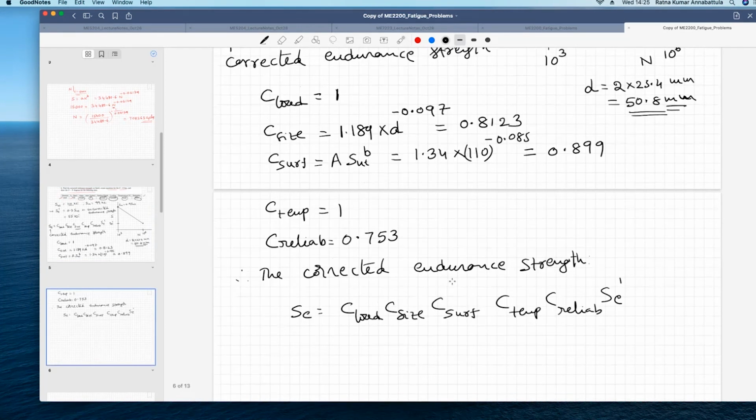What was our SE dash? SE dash is 0.5 SUT, that is 55. So this is equal to C load is 1, C size is 0.8123, C surf is 0.899, C temp is 1, C reliability is 0.753 into 55 KSI. So that comes out to be 30.2 KSI.